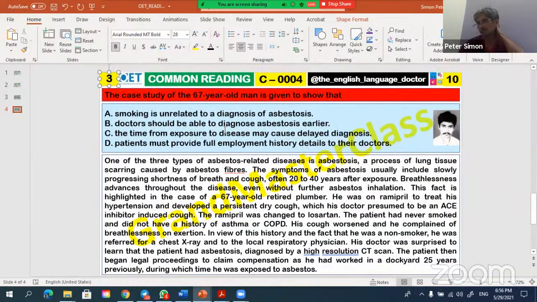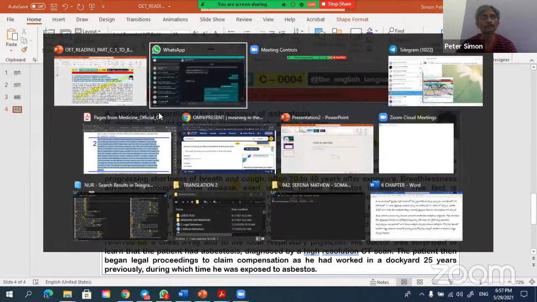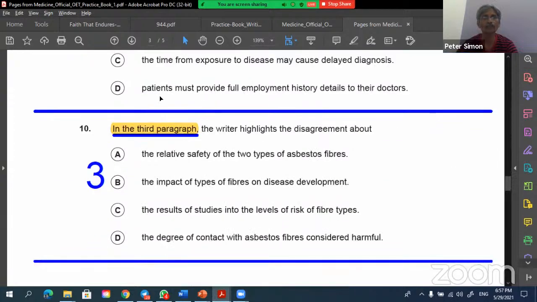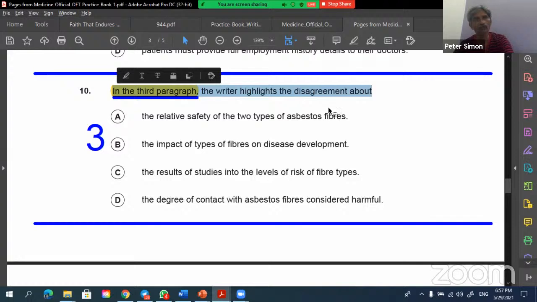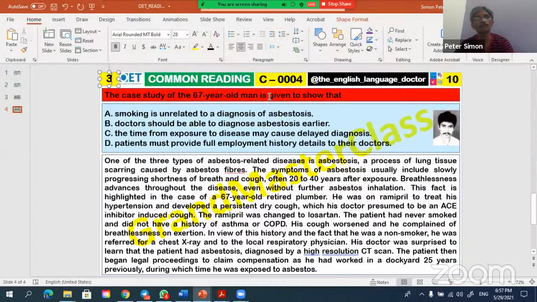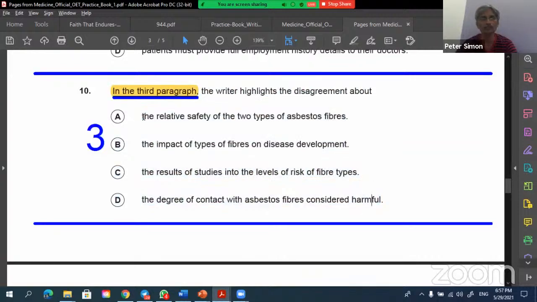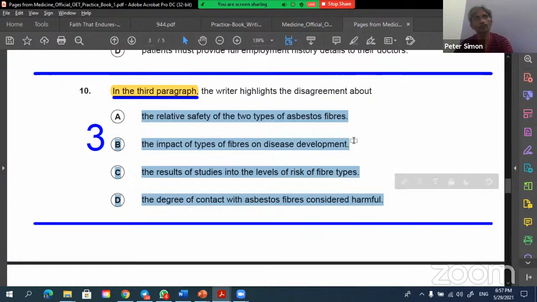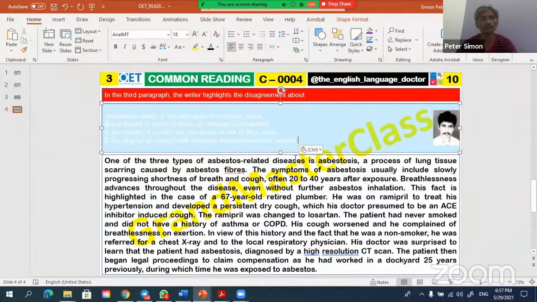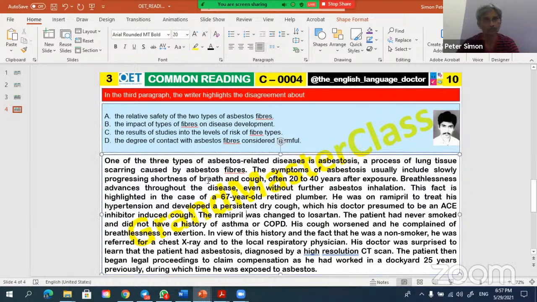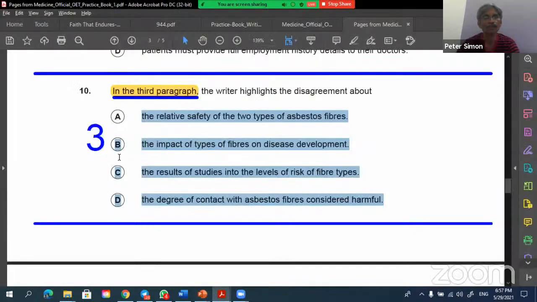So 10 is here. Okay. A, B, C, D. Paragraph number 3.